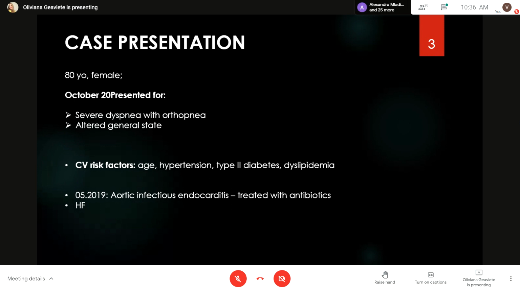Clinical examination. The blood pressure. Blood pressure 140 with 95 millimeters mercury.